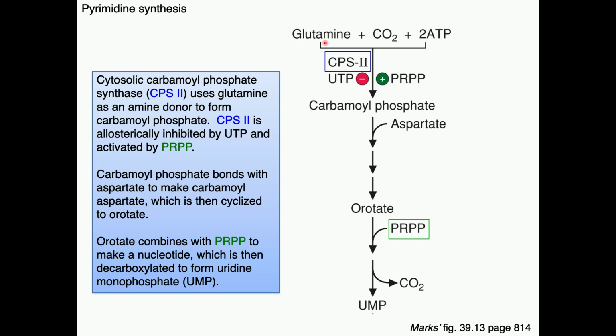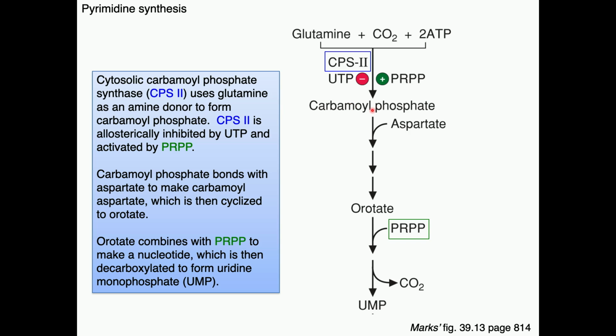Okay, so CPS1 is one of the three enzymes that can fix free ammonium. CPS2 is not. It makes the same product, carbamoyl phosphate, and it's using carbon dioxide and ATP like CPS1, but it's not using ammonium, it's using glutamine.